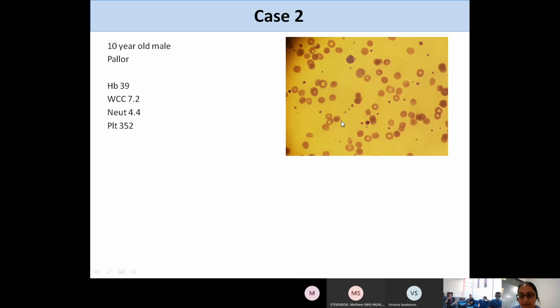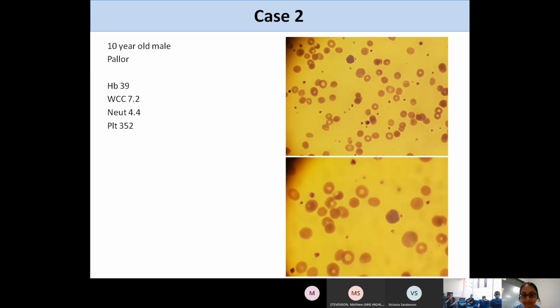And these are spherocytes. And you get spherocytes when you get bits of the membrane being taken off, and so the red cell is smaller than normal. They lose their biconcave disc shape and become spherical. And what we see here as well is a polychromatic cell.